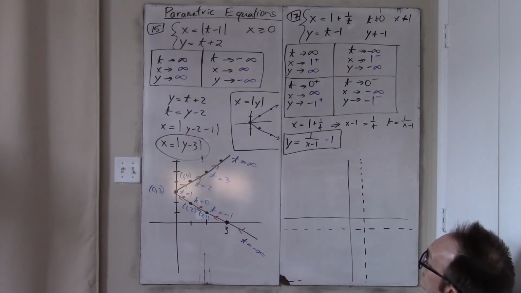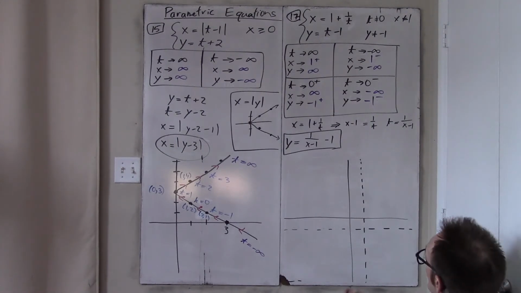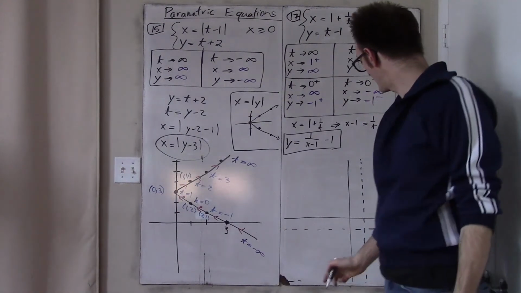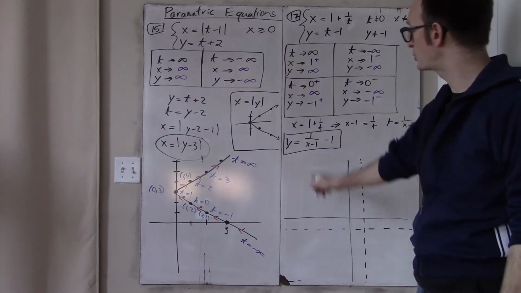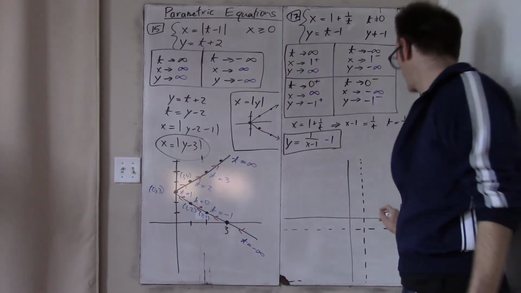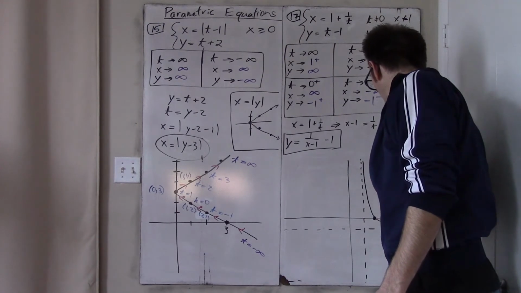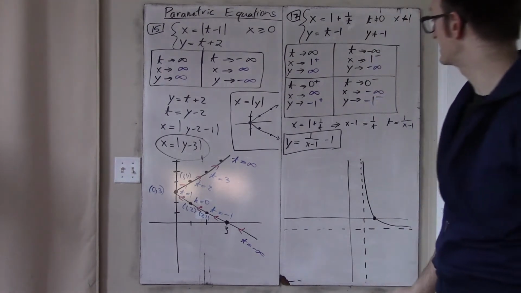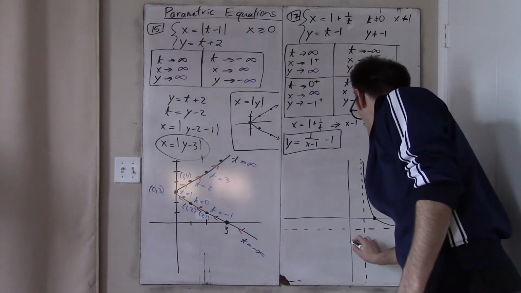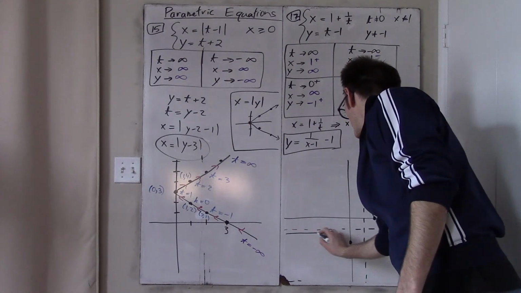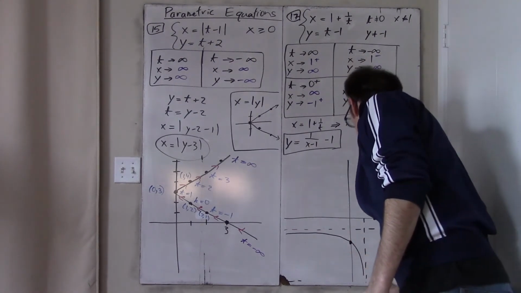What does this curve itself look like? Well, it's a normal 1 over x curve, so to speak. If I plug in 2, I get 0. And it's going to look kind of like that. And if I plug in 0, I get -2. So it's going to kind of look like that. Alright, so something like this.